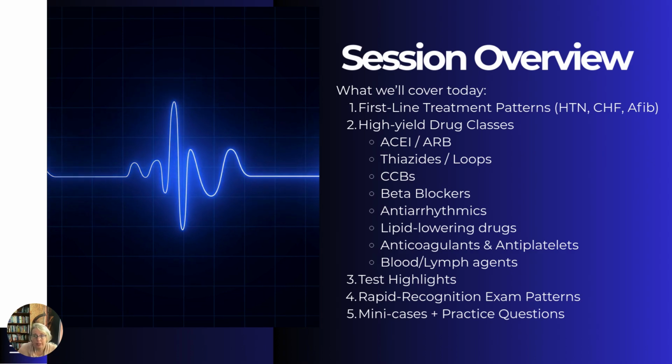And we need to understand vital interactions between the drugs. When we start talking about warfarin and amiodarone, digoxin and diuretics, there are things you can't use together, and we need to understand what happens when you do use them together.